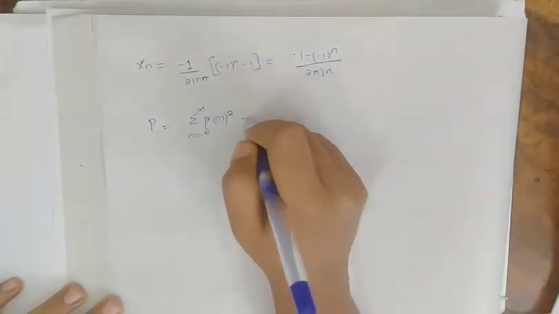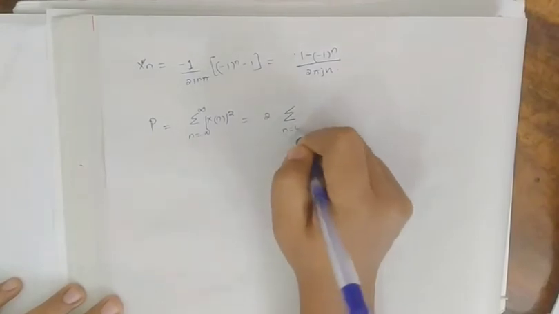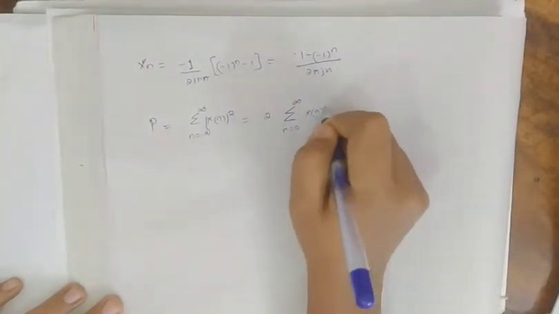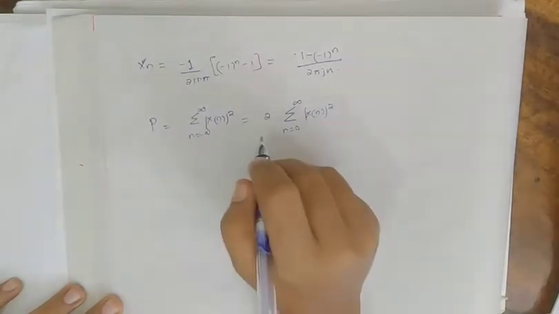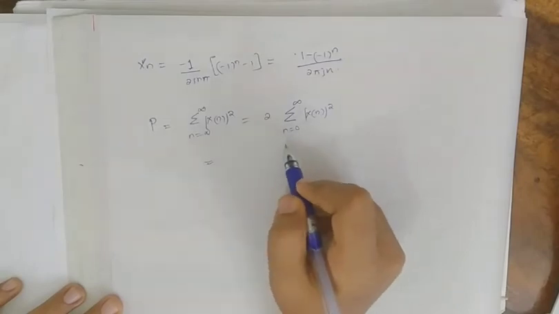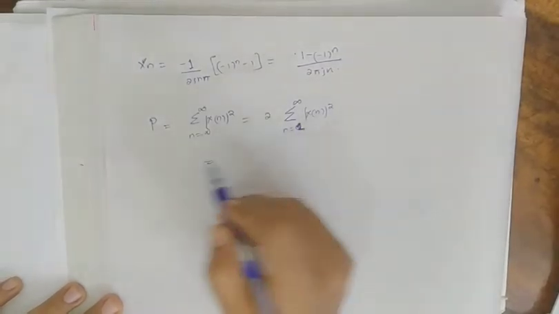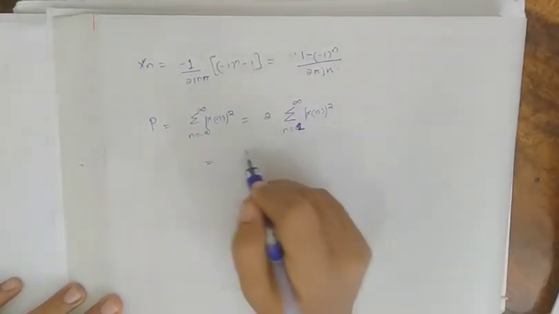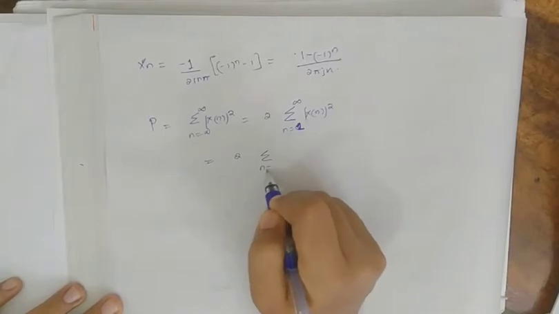Which is equal to 2 times the sum from n equal to 1 to infinity of modulus x of n square.